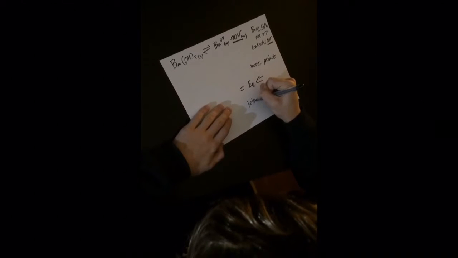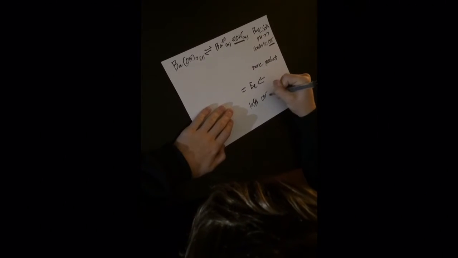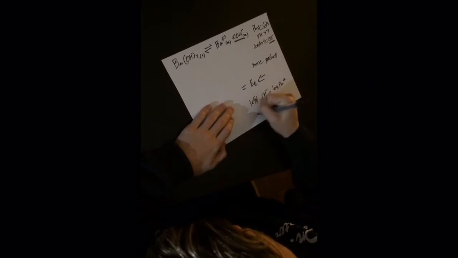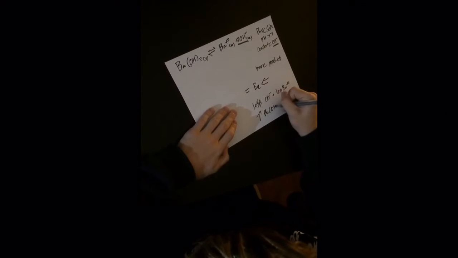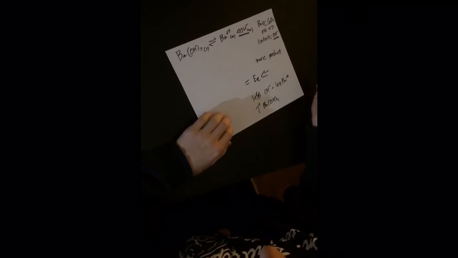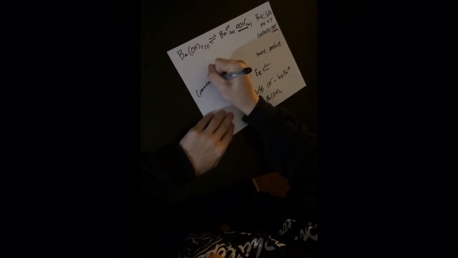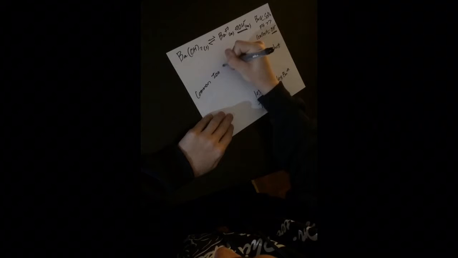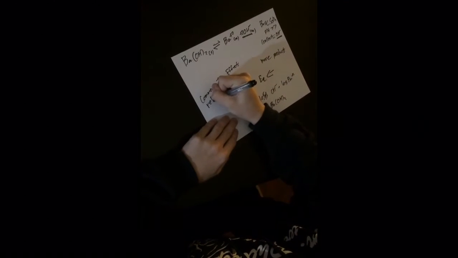So less OH minus and less Ba plus 2, and an increased amount of barium hydroxide, or in other words, the common ion effect reduces solubility.